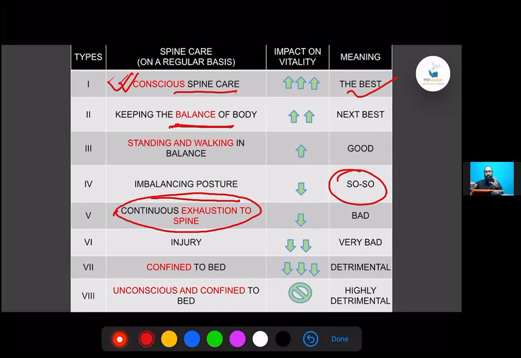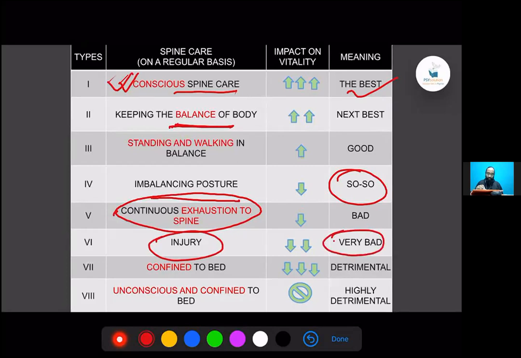How much balanced load we are putting on the spine matters a lot, right?